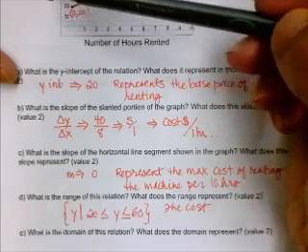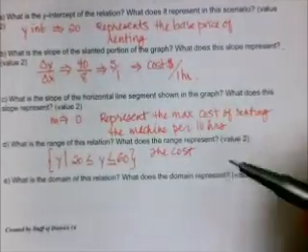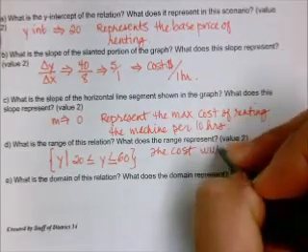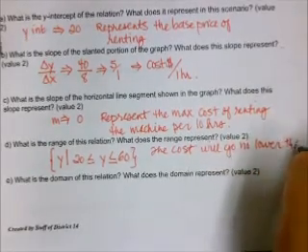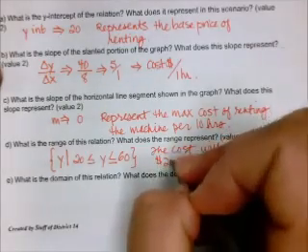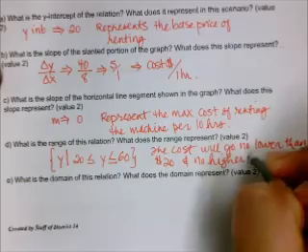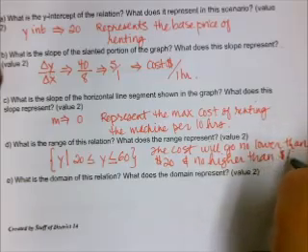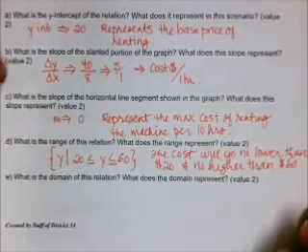The y on this particular axis is rental cost, right? So the cost will go no lower than $20 and no higher than $60. That's what my range represents.